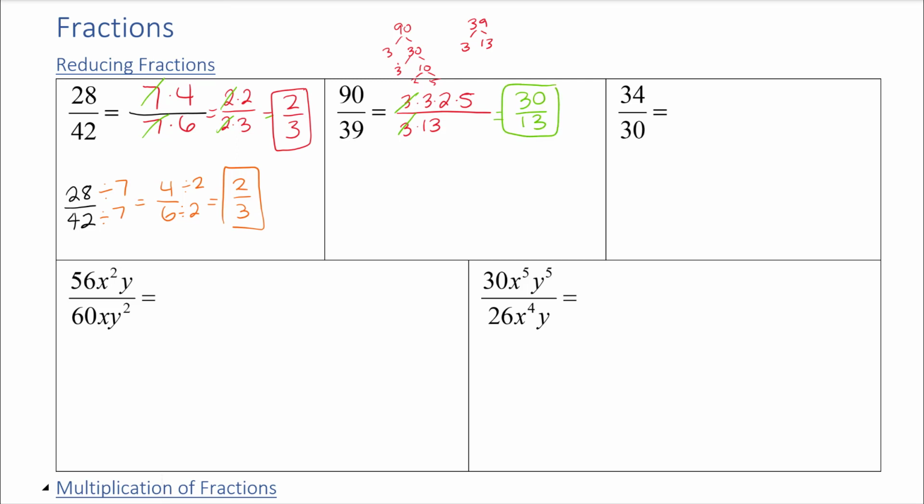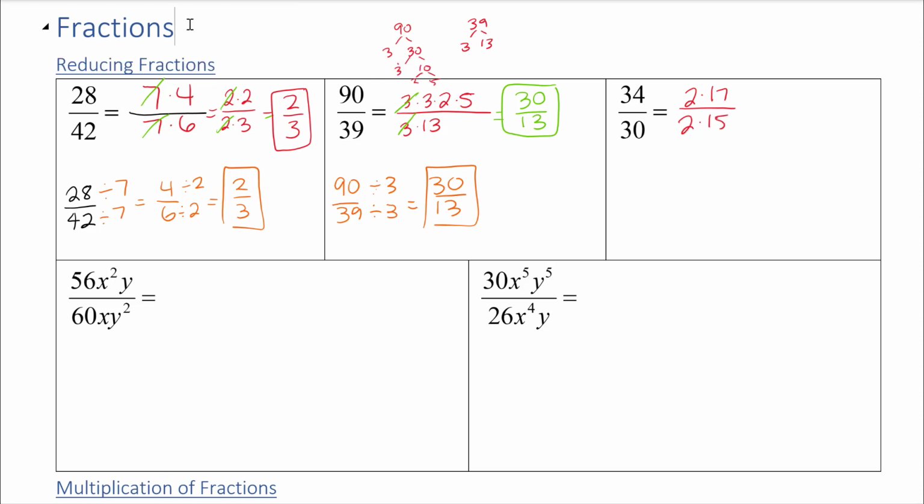Now if I wanted to do it another way, I could have just noticed that both the top and the bottom can be divisible by 3. So divide by 3 and you get 30 over 13. That also works. Next, 34 over 30. 34 is 2 times 17, and 30 is 2 times 15.